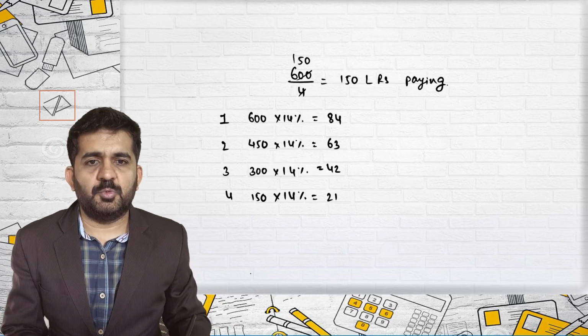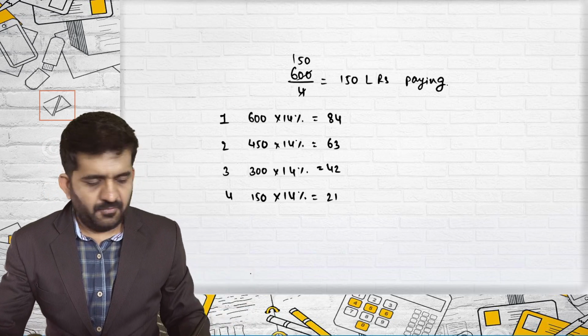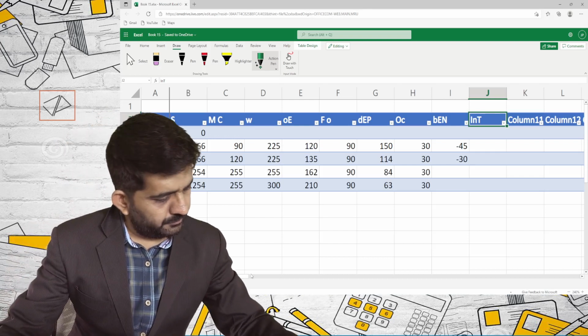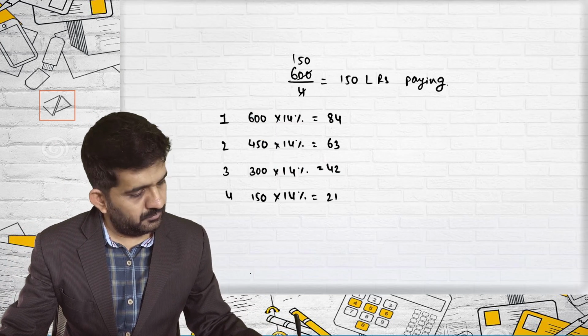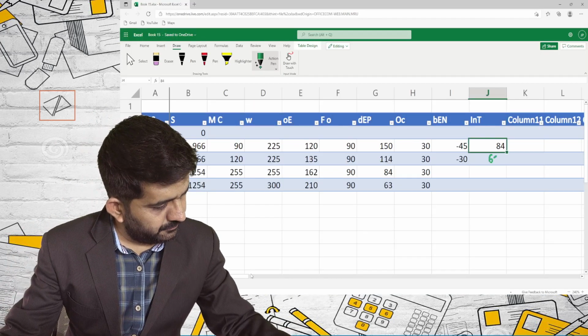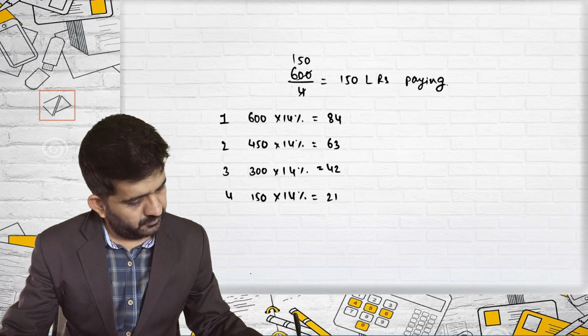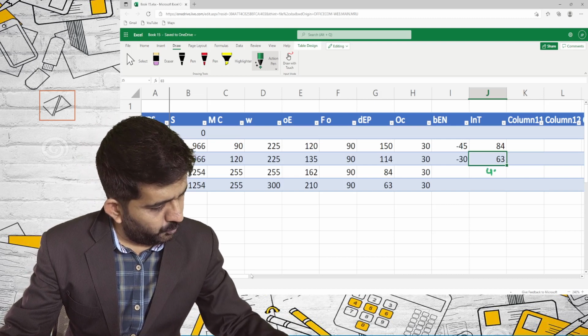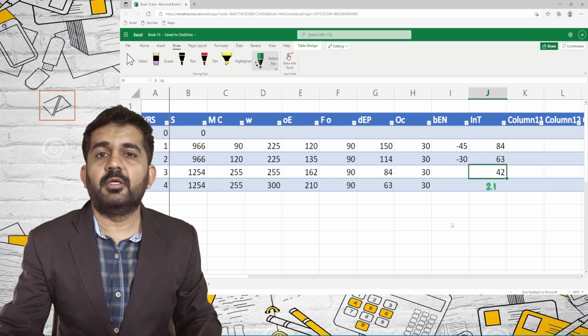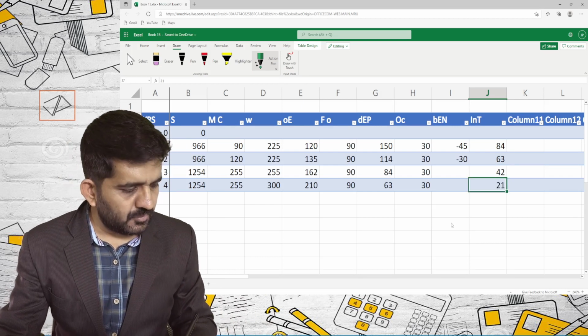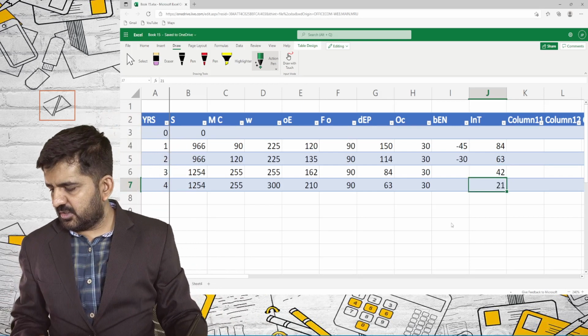This is the interest I'll be paying: first year 84, second 63, third 42, fourth 21. So this is 4 years interest.